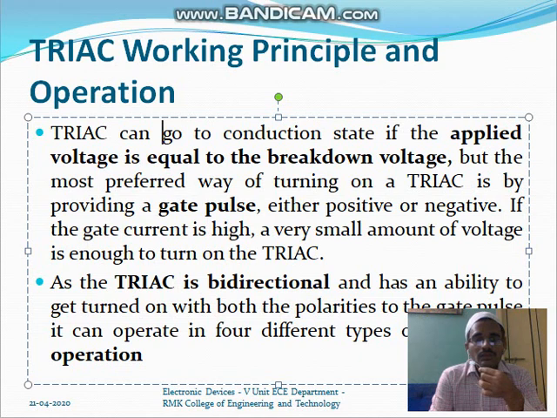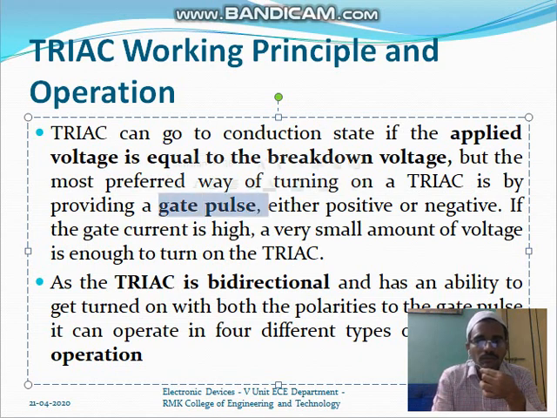Now if you recall the DIAC operation, it is enough to apply a potential across MT1 and MT2, and if the potential is greater than the breakdown voltage, the DIAC will be conducting. Similarly here, but with one small constraint: applying a potential between MT1 and MT2 will not be sufficient, you have to provide a gate pulse.